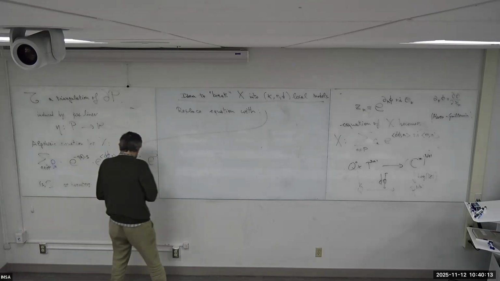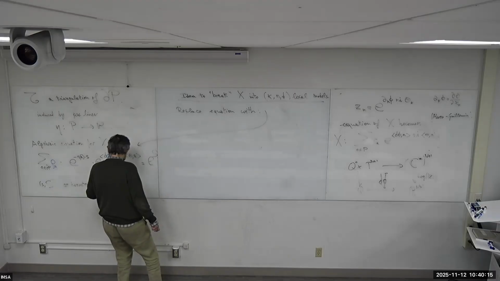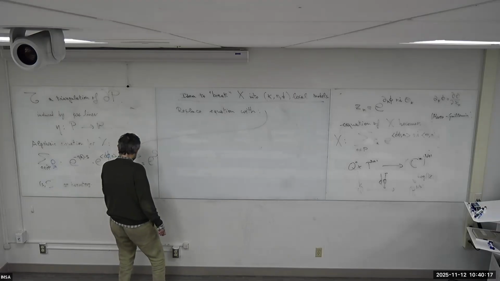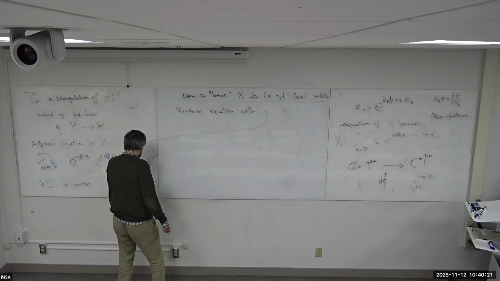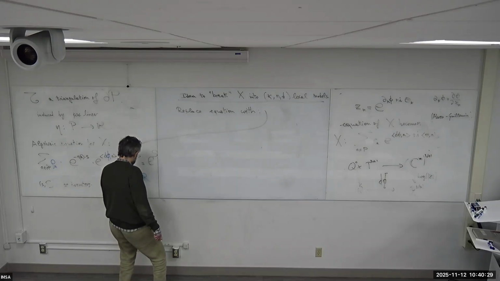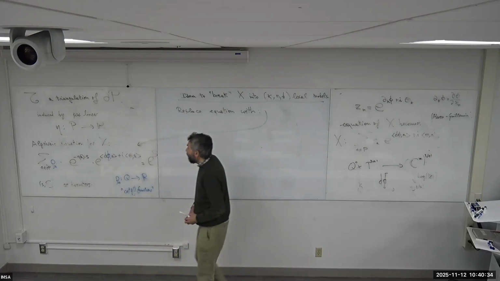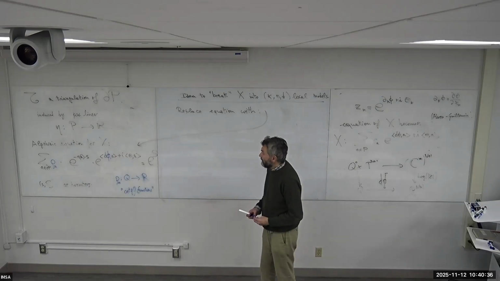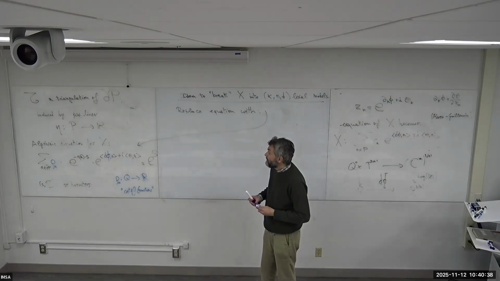So these cutoff parameters are functions from Q to R. Let's say cutoff functions which have the property of killing.